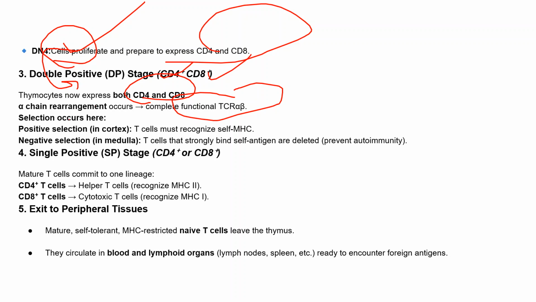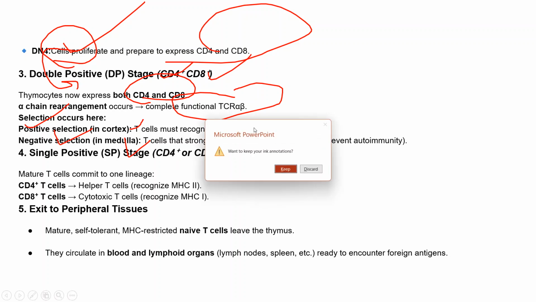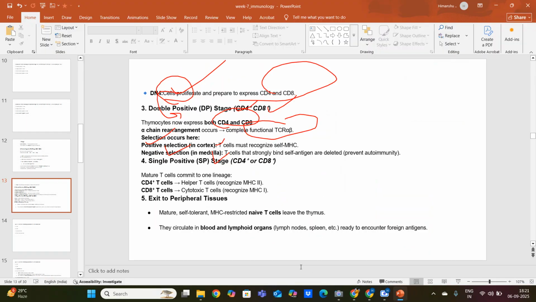Then selection happens, positive and negative: positive in the cortex and negative in the medulla. As I mentioned in the previous question, positive selection is where they recognize the self MHC molecules, and in negative selection they will not bind strongly to the self antigen. So those will be deleted, right?